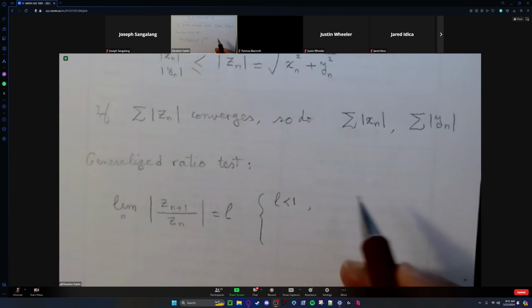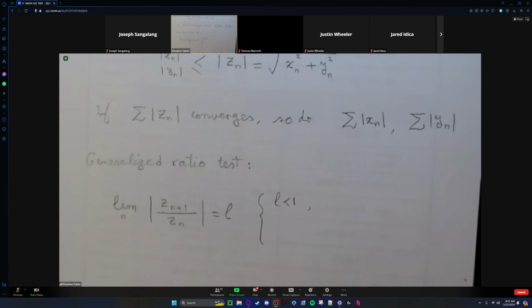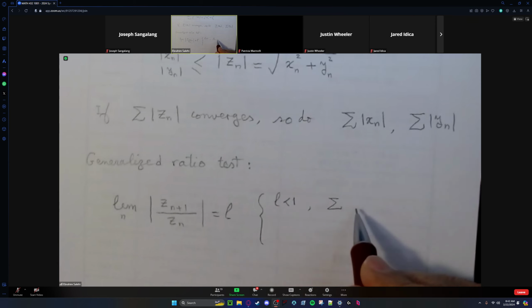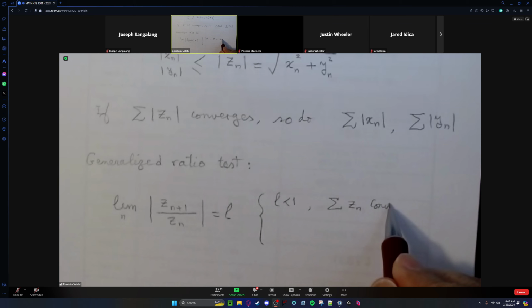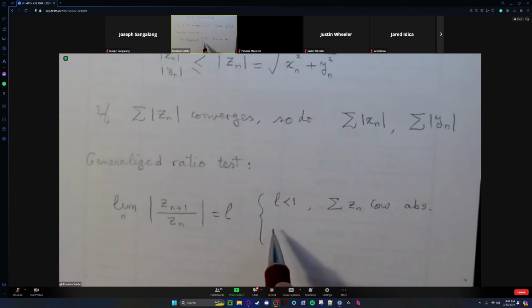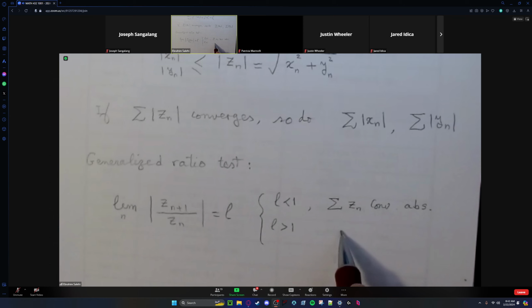If it is less than 1, this series converges absolutely, all right? If it is bigger than 1, the series diverges.